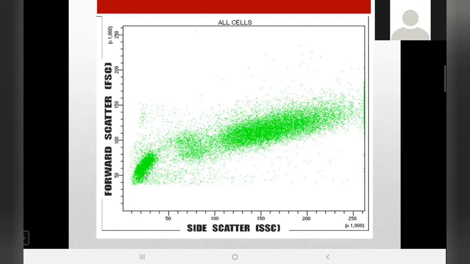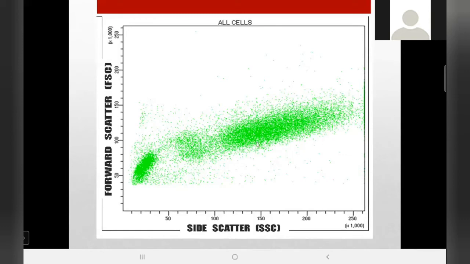This population, on the extreme left and bottom, clearly shows a small size population and a very less complex population. This is your lymphoid population.